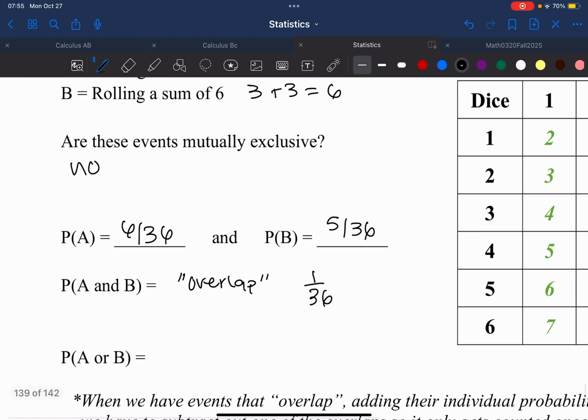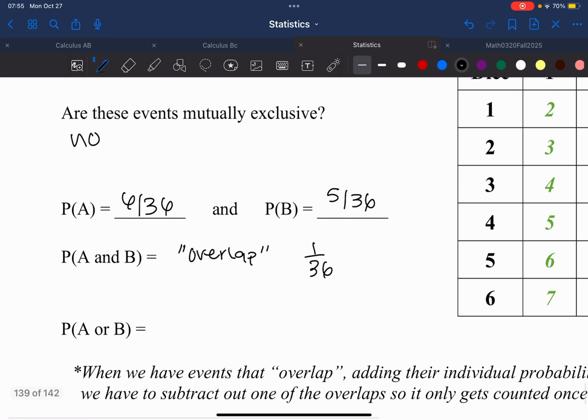And then the probability of A or B is still going to be the probability of A plus the probability of B, but we need to subtract the overlap.